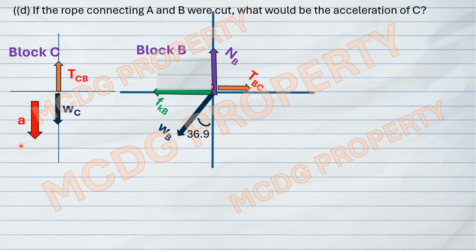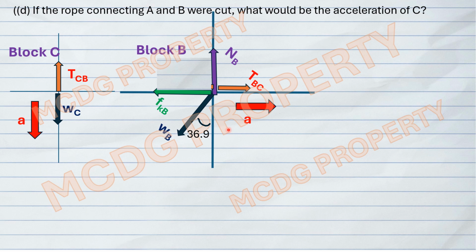Now, we include the acceleration so that we know the direction of the acceleration. We note that the direction of acceleration for block C is downward, and for block B, it will be going to the right. In the case of problems where you do not know the direction of the acceleration of the objects, you can assume any direction, and then your final answer will be positive if the direction that you assume is correct and negative otherwise.